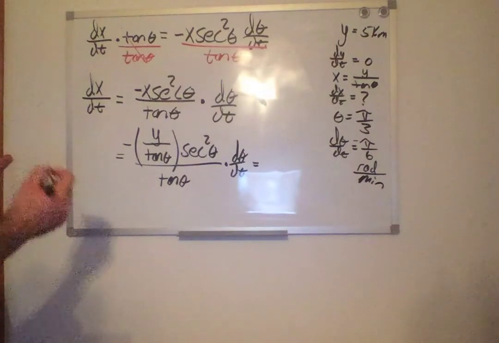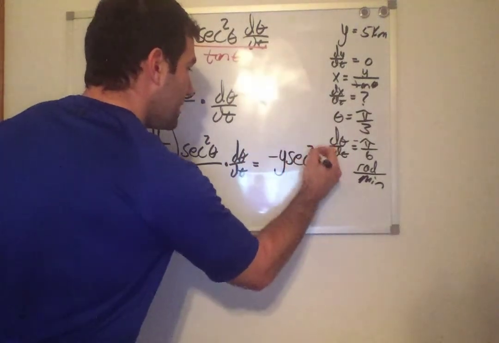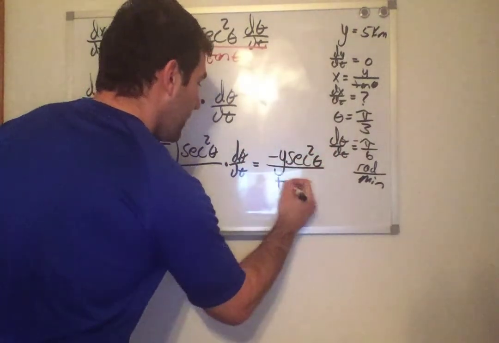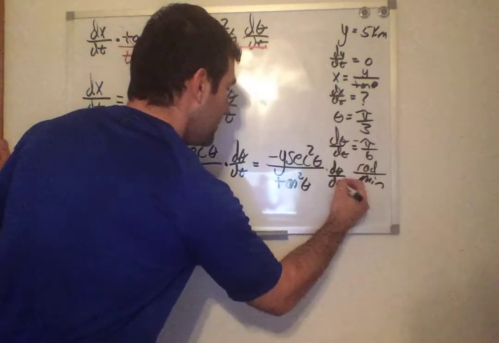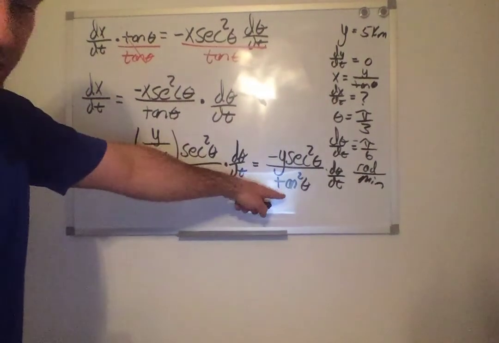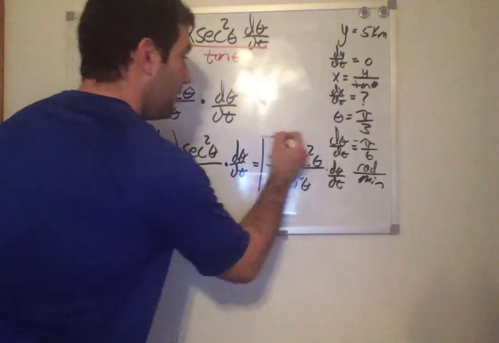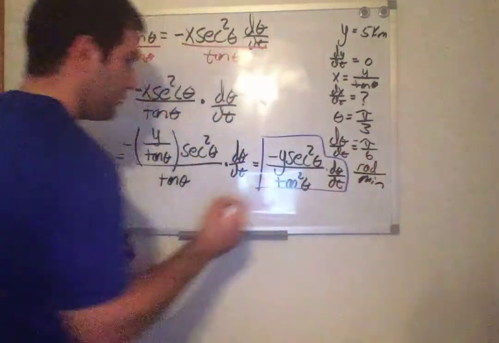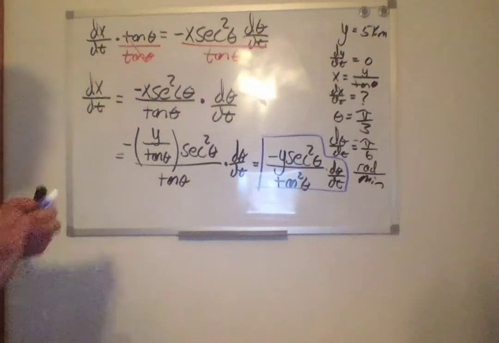Now, if you want to simplify it a little bit, it simplifies to negative y secant squared of theta divided by tangent squared of theta times d theta/dt. So this right here, I guess I'll box it, is our final expression for dx/dt.